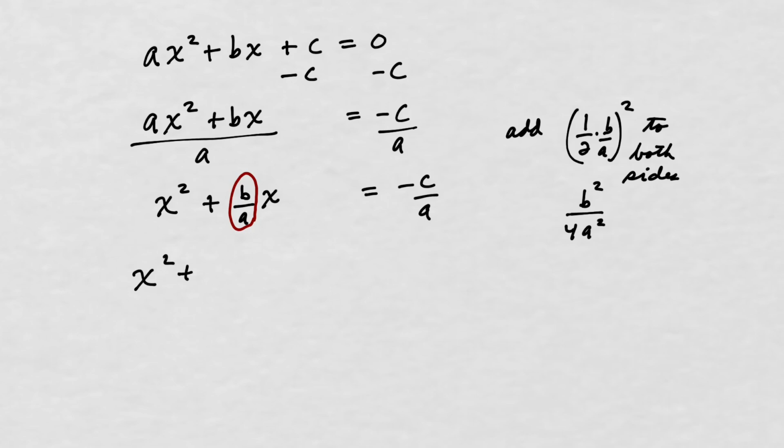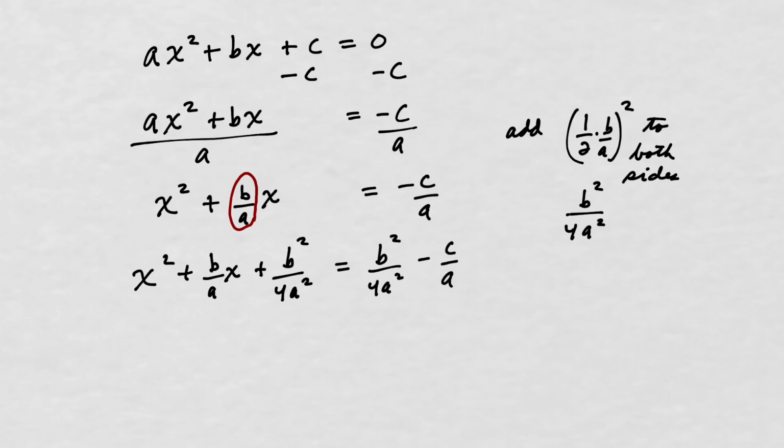So this will be, and I'll add it to the other side, b squared over 4a squared minus c over a.